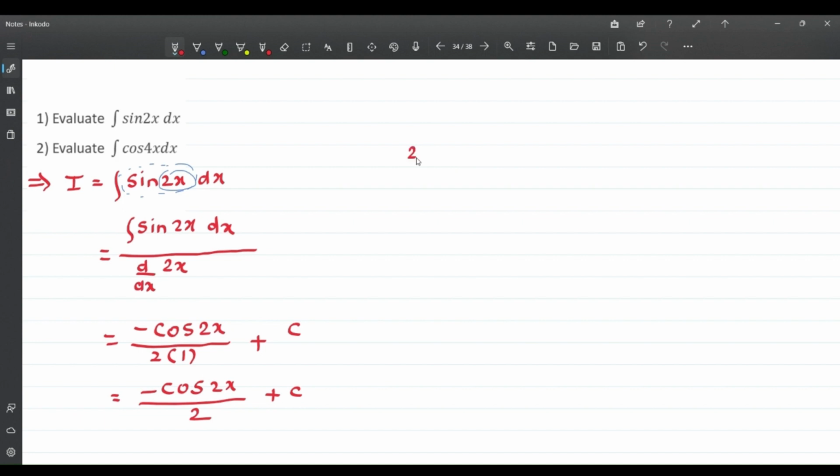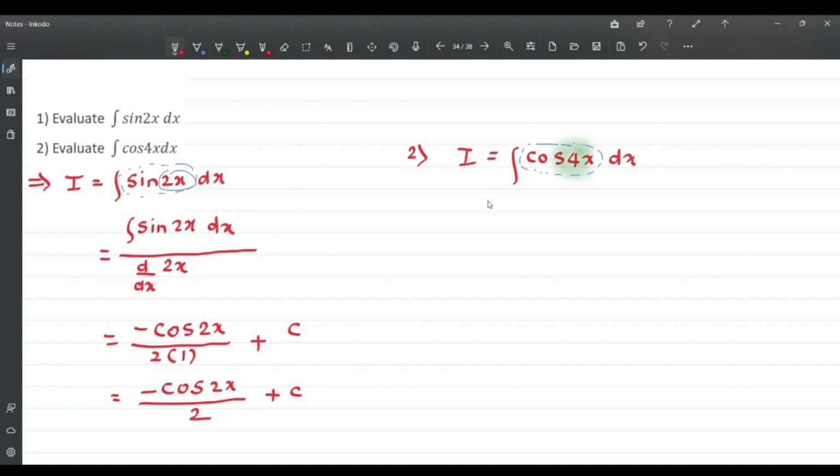Now let us take the second example, integration cos 4x dx. Here the first function is cos 4x, and the second function is only 4x.